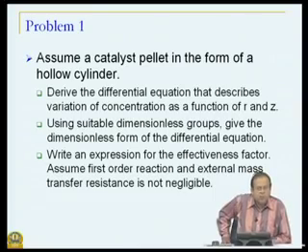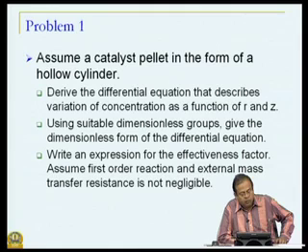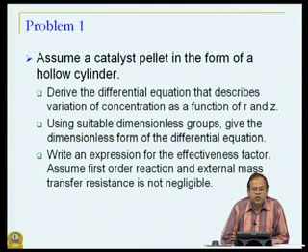The first problem says that we considered geometries which were spherical, cylindrical and so on, or flat geometry, but let us say that it is in the form of a hollow cylinder, and we are supposed to derive the differential equations that describe the variation of concentration not only as a function of radius, but also as a function of axial distance.